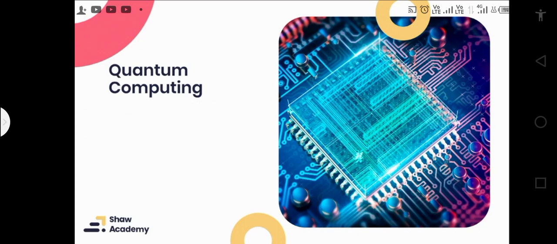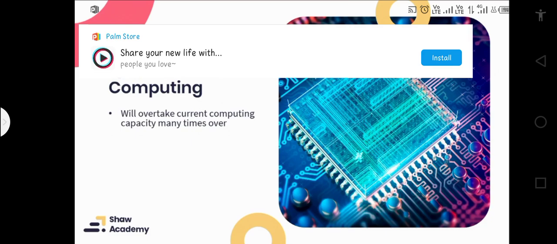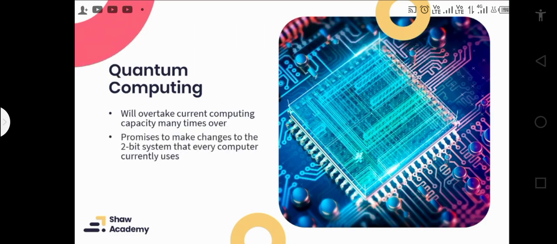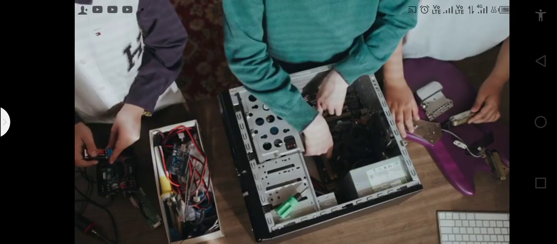The world of quantum computing is promising to dwarf current computing capacity many times over. Recent days have seen research on quantum computers which promise to speed up computing by adding a new twist to the ordinary 2-bit system that runs every single computer in the world today. To date, it still exists mostly in theory, although working demonstrations have been produced.